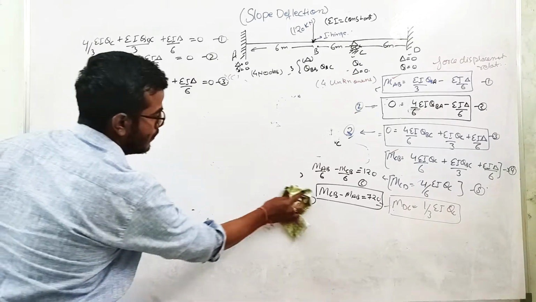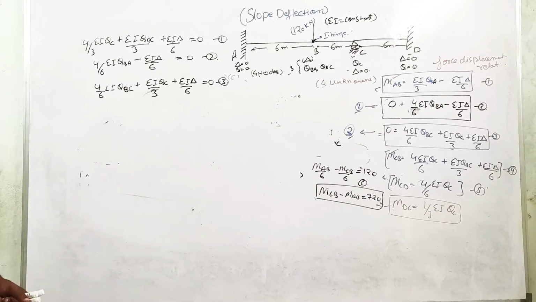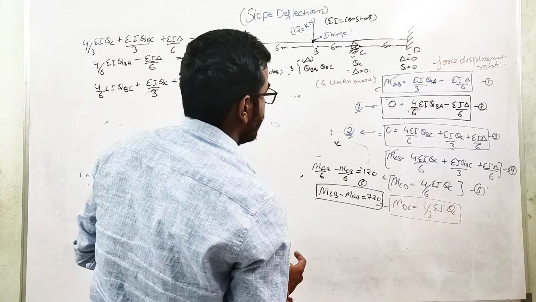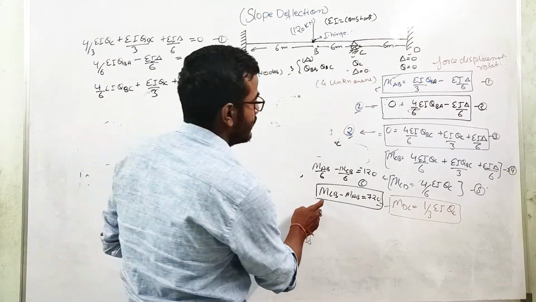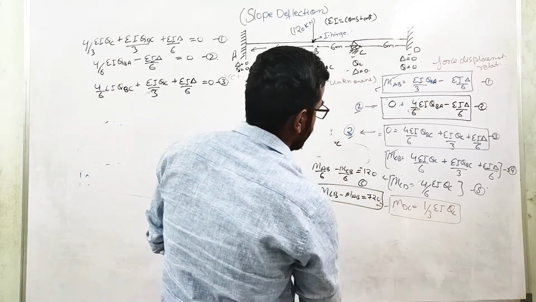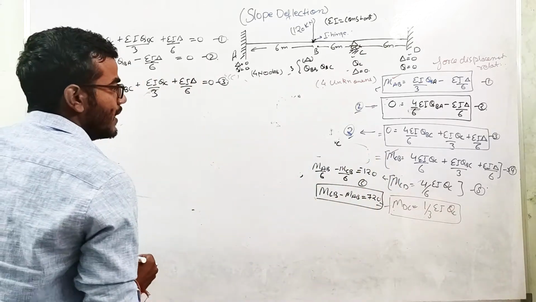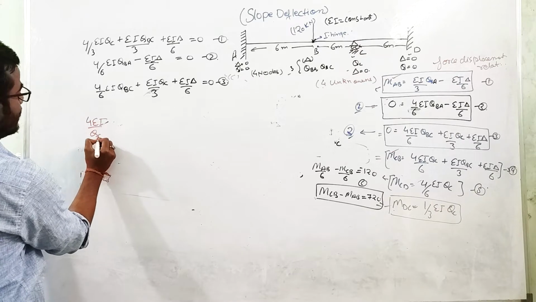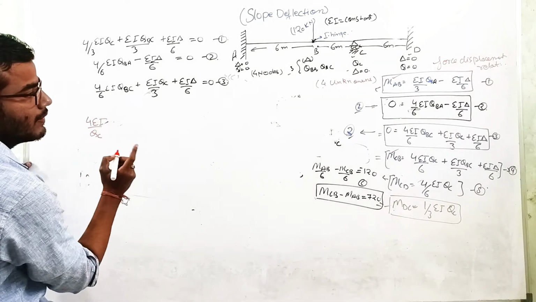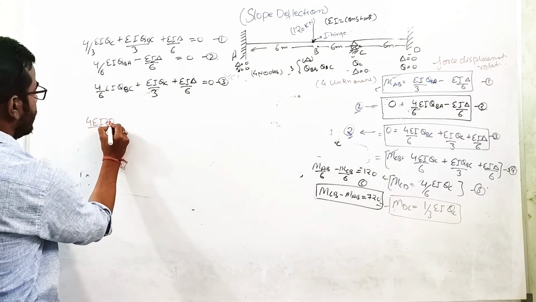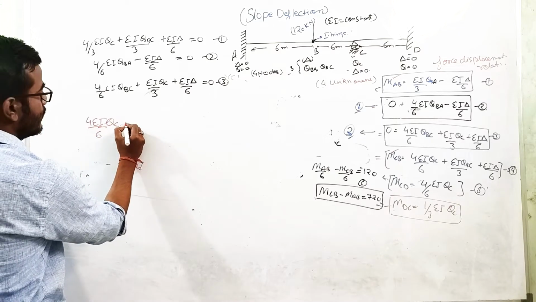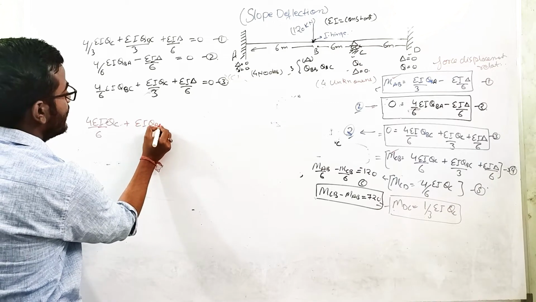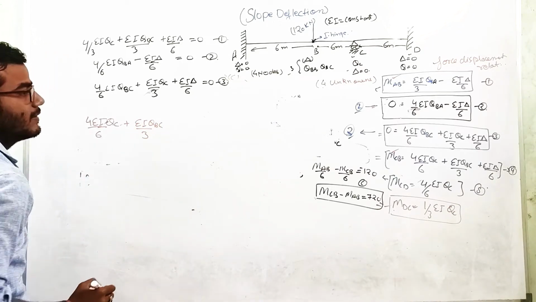Okay guys, so now putting this value of MCB and MAB into this equation. MCB we know, right? So I can write 4 EI theta C over 6 plus EI theta BC over 3, right?